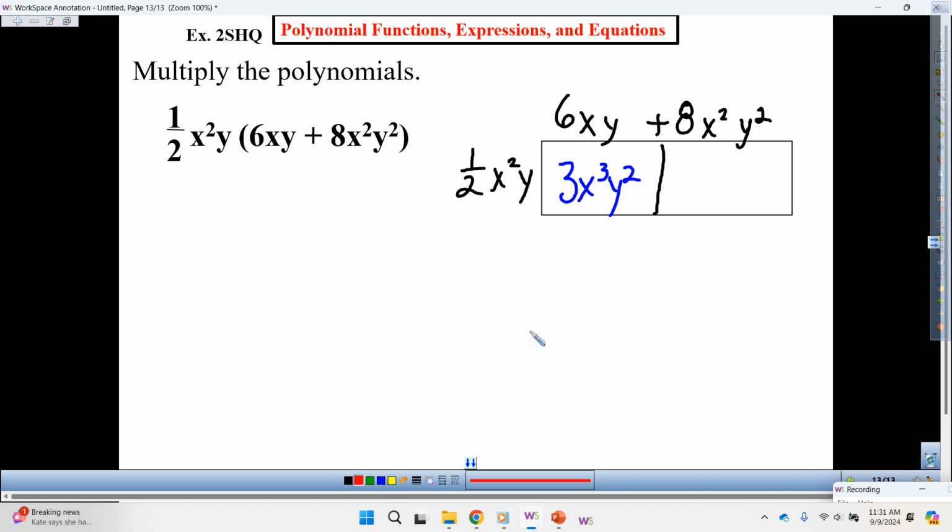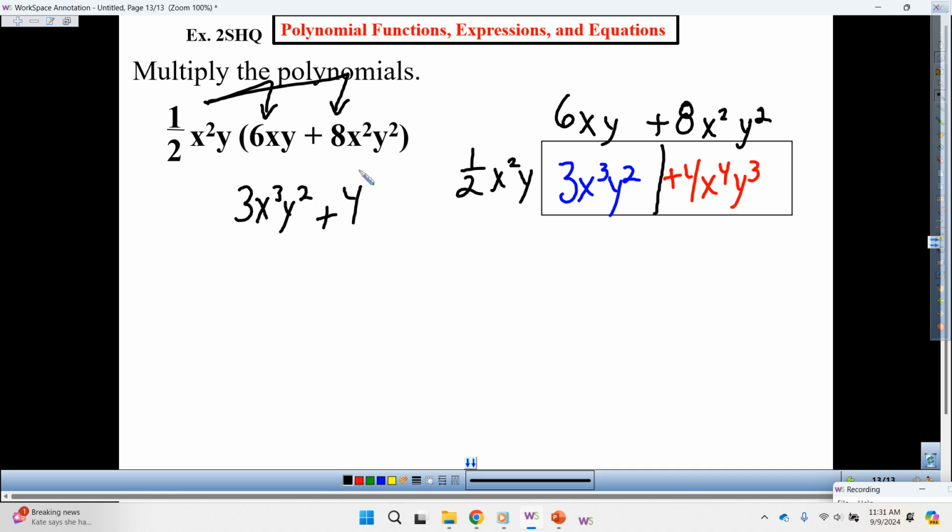And the second term? Hands, if you got that? That is correct. So it should look like, if you did distributive property, 1/2 of 6 is 3, x to the third, y to the second, plus 1/2 of 8 is 4, x to the fourth, y to the third.